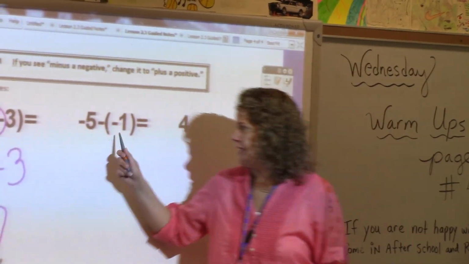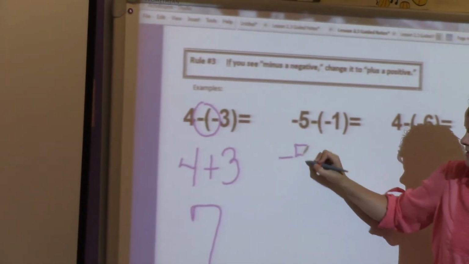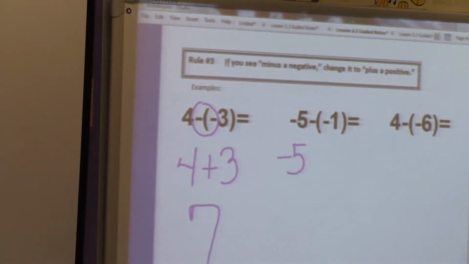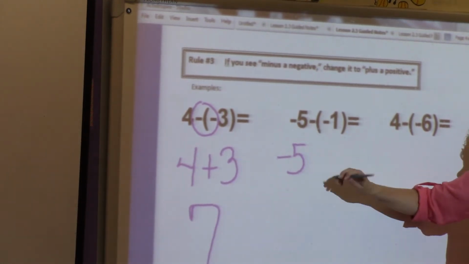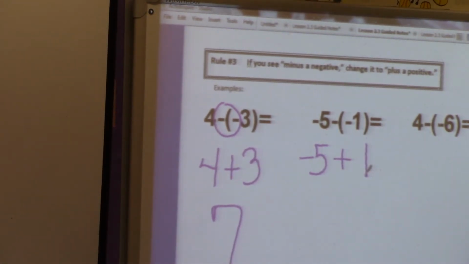Okay, here it goes again. There's minus a negative happening. a -6 is?